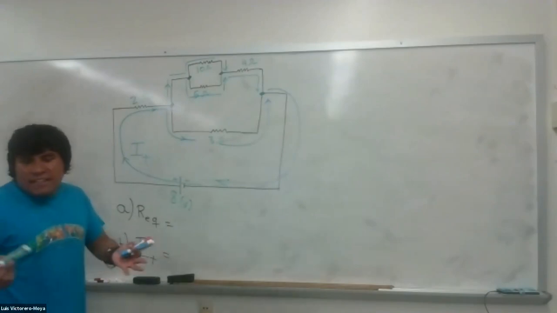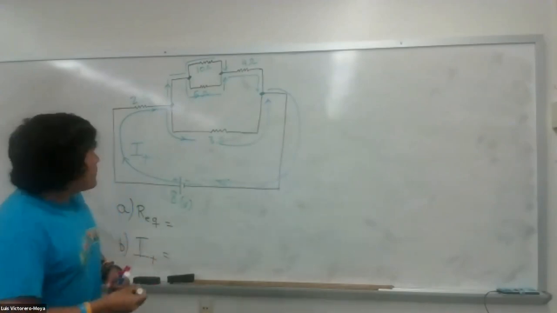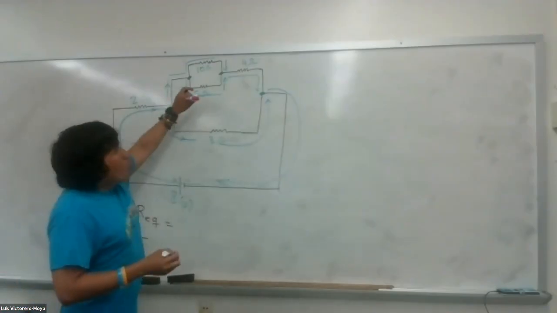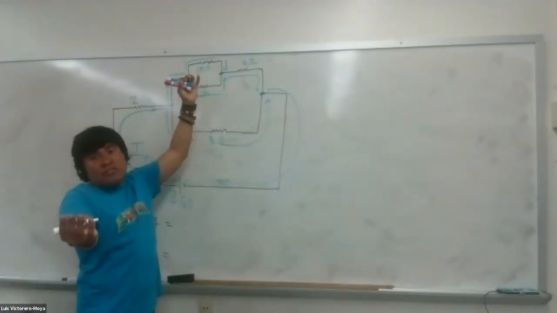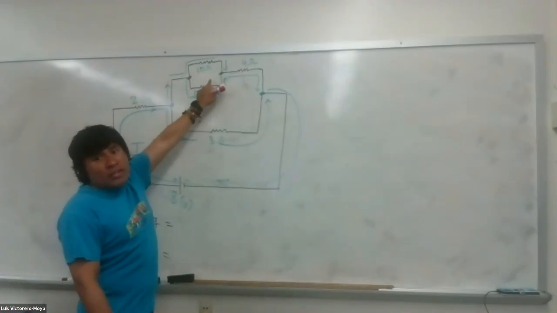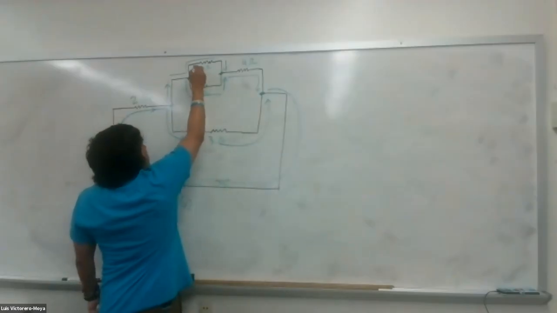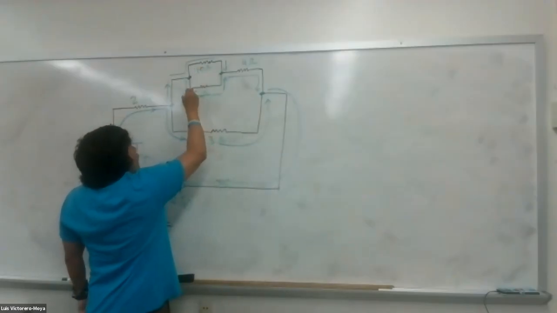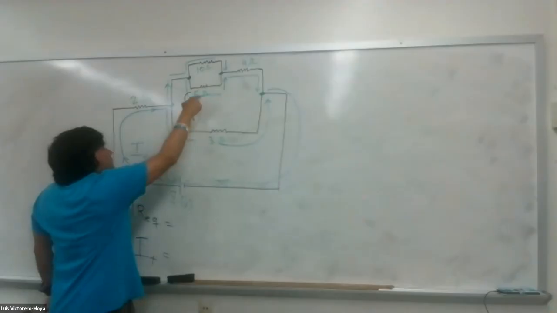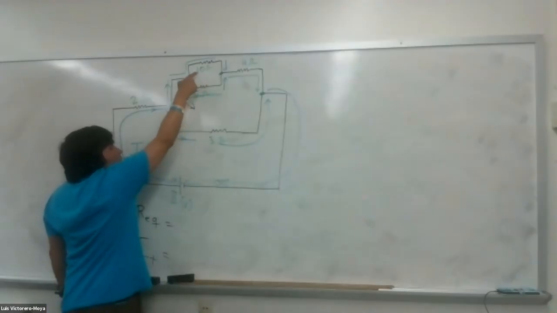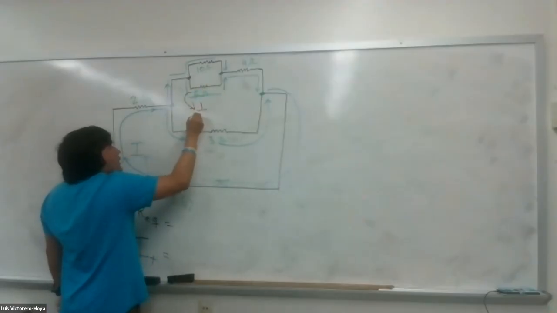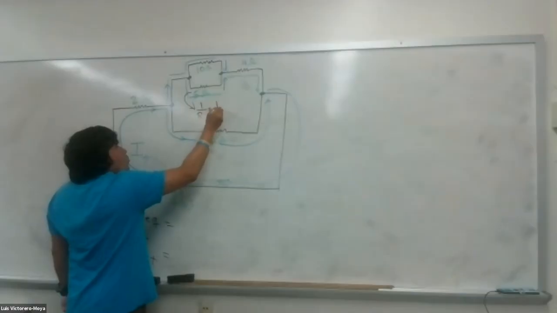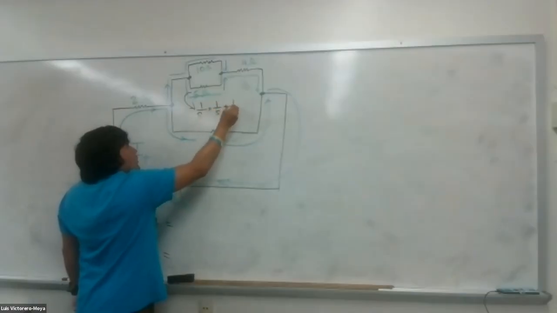The equivalent resistance is the easy part, right? Just do series and parallel. So we go from the inside to the outside. The first thing will be to deal with this loop. For this loop here, they are in parallel, 5 and 10. 1 over R equals 1 over 5 plus 1 over 10.